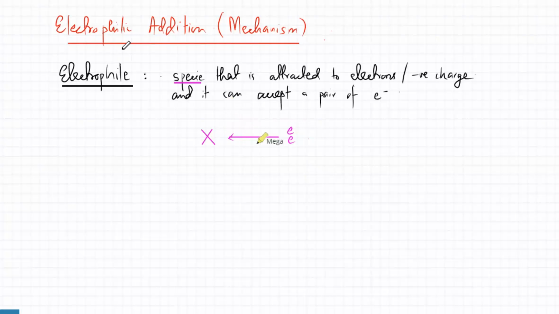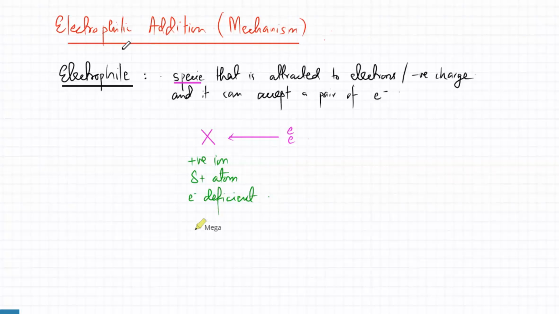So these are all the options: it could be a positive ion, a slight positive atom, or something that is electron deficient, like its outer shell is not complete.